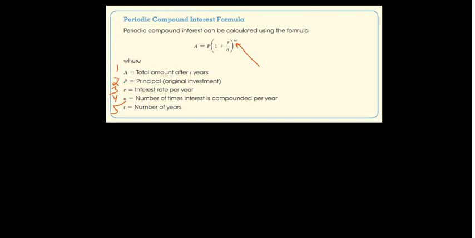We will gather those tools soon, but we don't have them right now. So we have 5 unknowns. A is the total amount after all is said and done. P is your original investment. R again is the interest rate per year, N is the number of times interest is compounded per year, and t is the number of years.